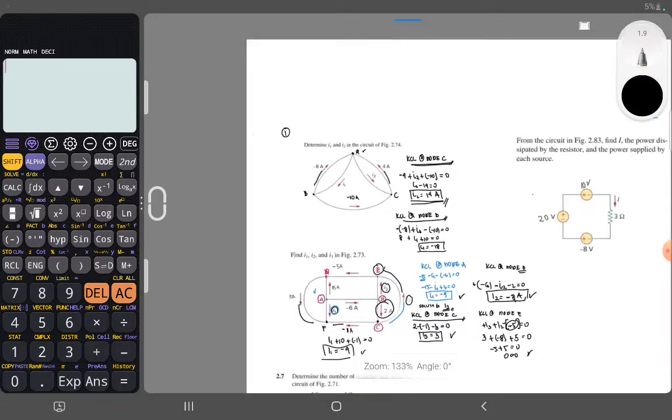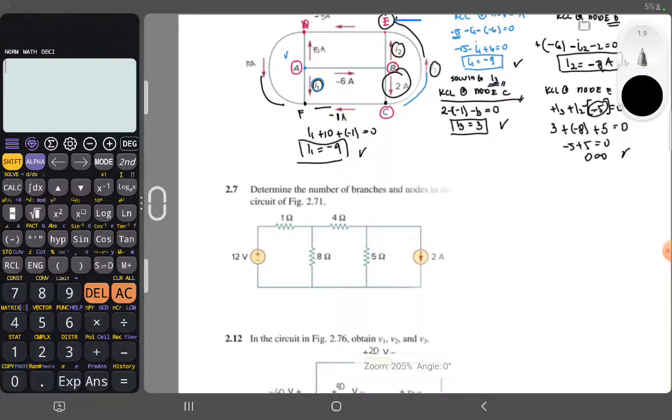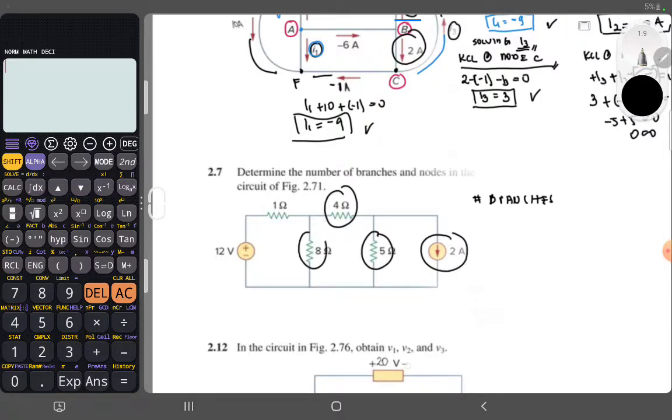So next, dito naman tayo sa determine the number of branches and nodes in the circuit. So napakadali lang yan. Pag sinasabi nating number of branches, automatically kung ilan yung element na nasa circuit natin. It's either passive or active element. So from here, meron tayong 1, 2, 3, 4, 5, 6. So we have 6 branches.